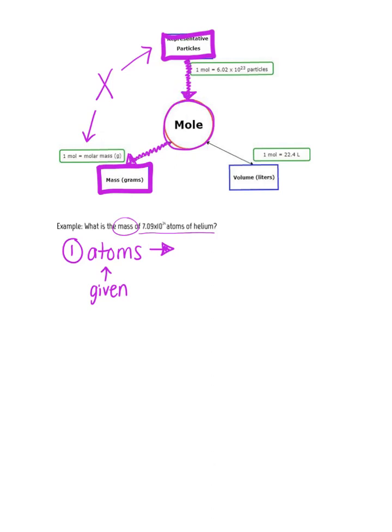So we're going to have to go from atoms to moles. Now, from moles, we can go a lot of different directions: to particles, to volume, or to mass. What we're looking for is mass. We already wrote out in the beginning that we need to go from atoms to moles down to grams. So if we start at atoms, our next stop is moles, and then we can go to grams last.